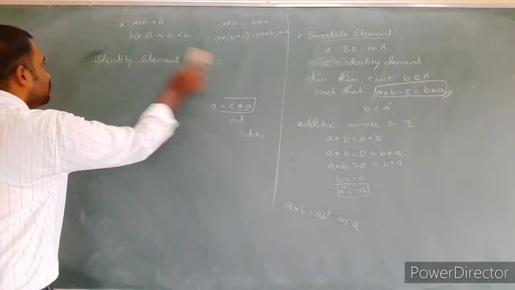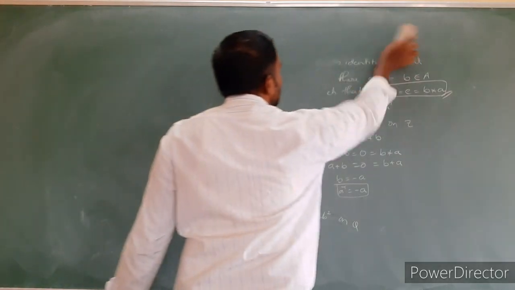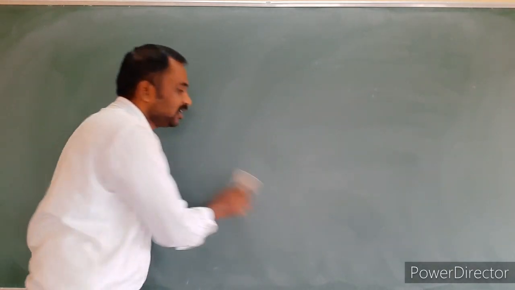Now let's take a particular example of how to find the identity element and invertible element for the given definitions. Here is one of the exercise problems I considered.